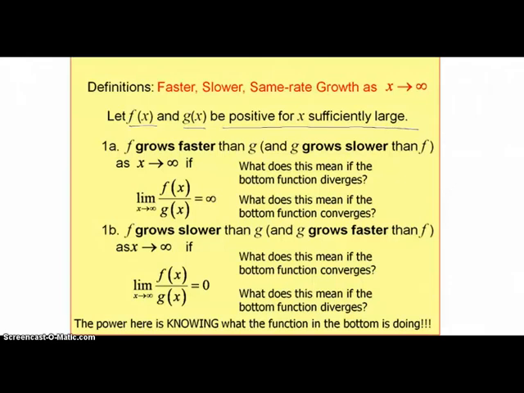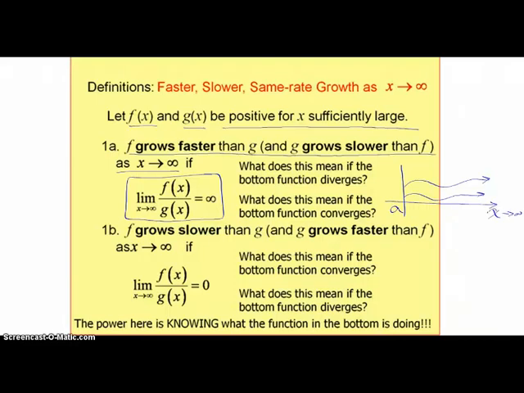First of all, f grows faster than g grows slower, as x tends toward infinity if this limit is a true statement. If f lies everywhere in the plane over the interval that we're talking about, here's the x-axis, we tend toward infinity, here's f of x, and here's g of x.